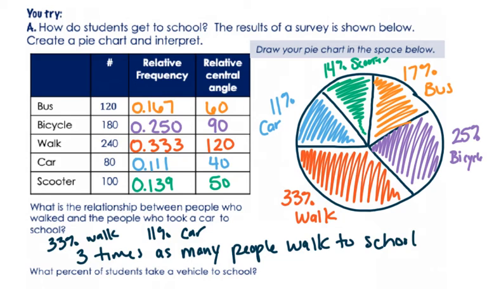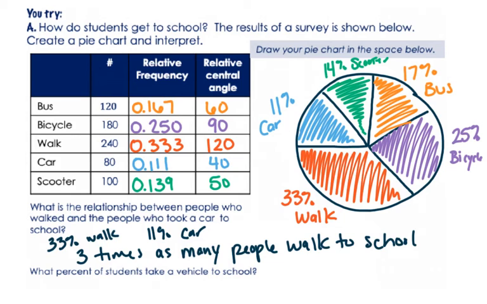Or you could say, like for every 1 person who was in a car, 3 people walked. So it's kind of, answers are going to vary. So as long as it makes sense mathematically and it's a complete sentence, I want to count it.